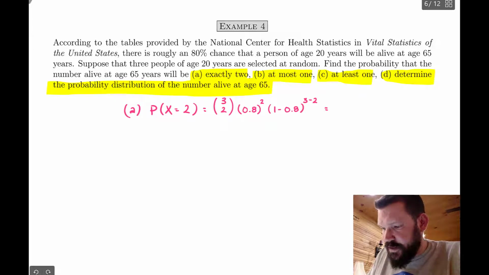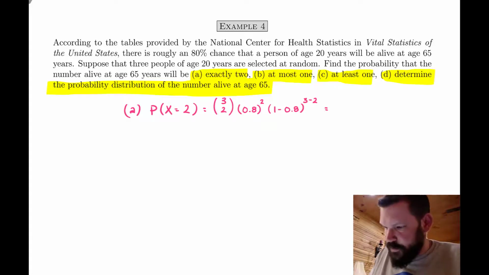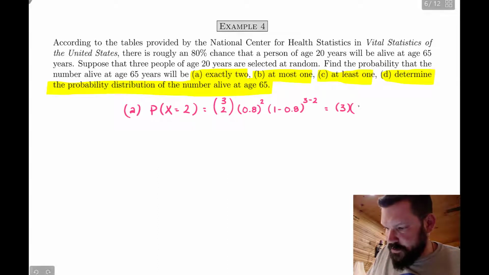And this is going to be equal to 3 choose 2, which should be 3. I'm just going to double check. So that is 3. Then 0.8 to the second power. I'm doing this step by step. You guys can just type this all in one string on your calculator and come up with the value.